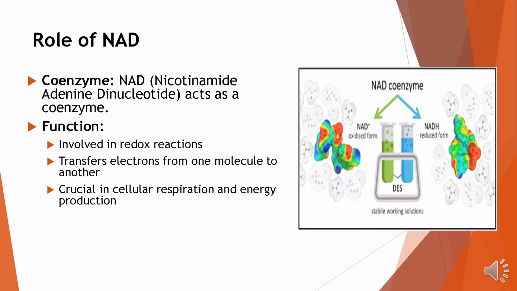NADH is the reduced form and NAD plus is the oxidized form. Electron transfer occurs from one molecule to another, and these reactions are important in cellular respiration and energy production.